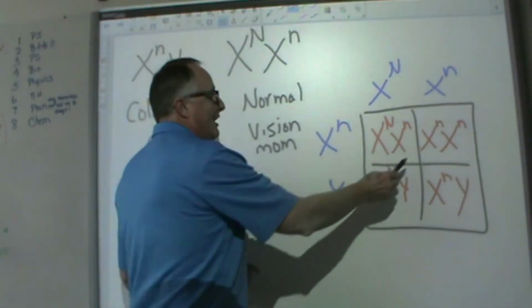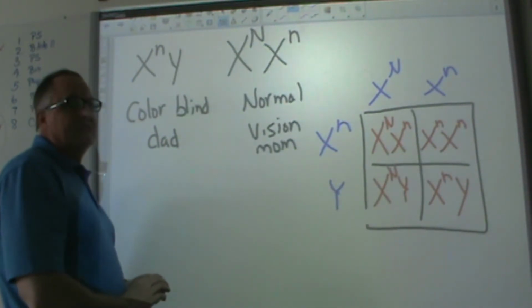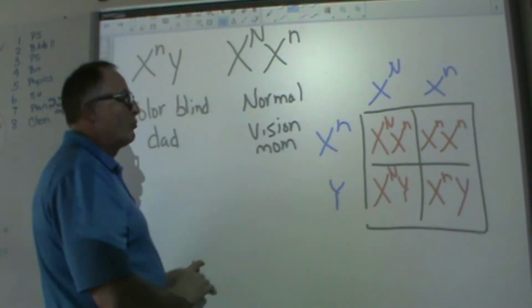So here is a case where we get a colorblind daughter. It's very rare, but that's one of the occasions.